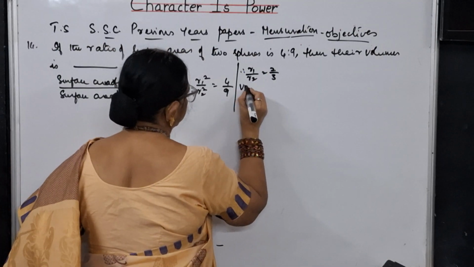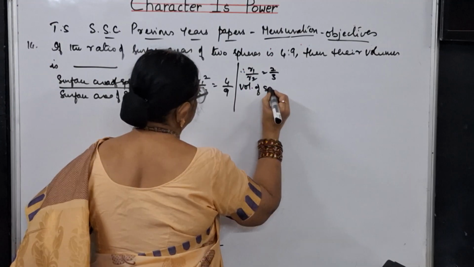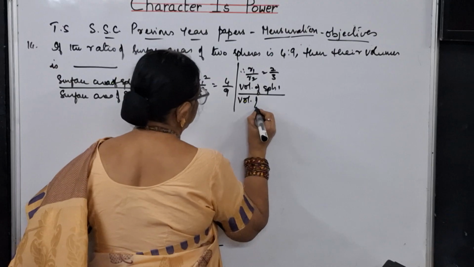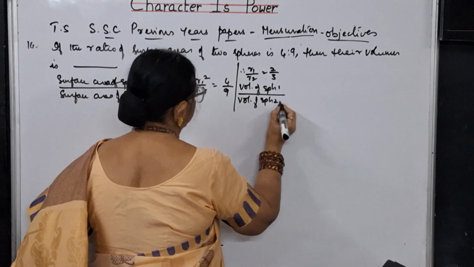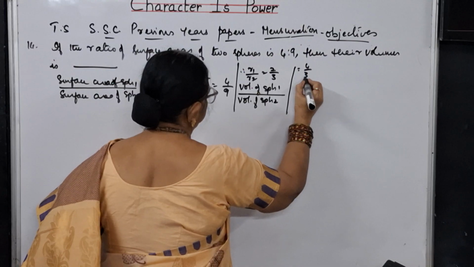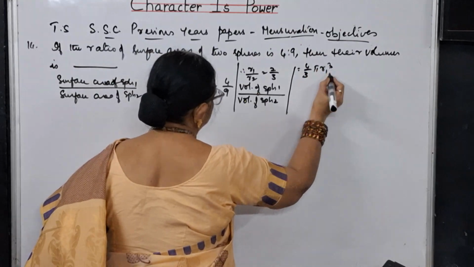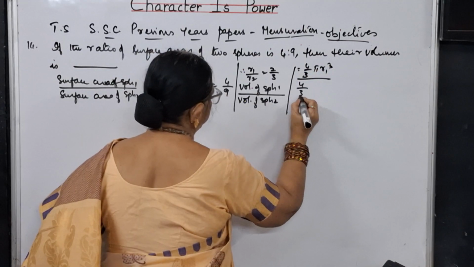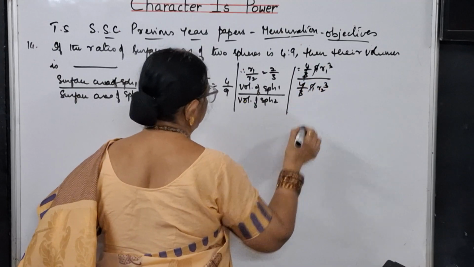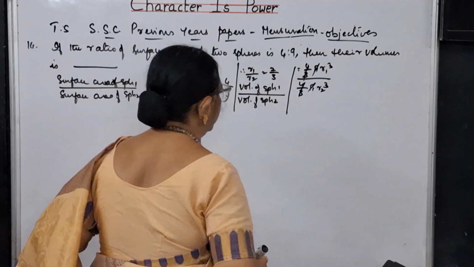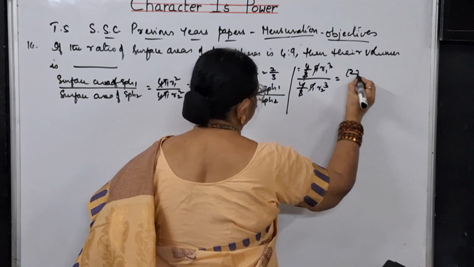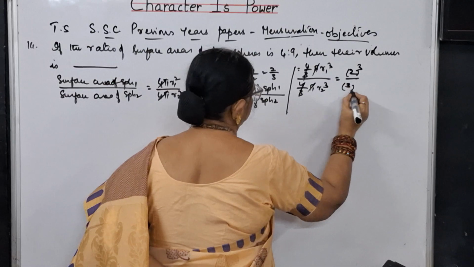Now, volume of sphere 1 by volume of sphere 2. This is equal to 4 by 3 pi R1 cube by 4 by 3 pi R2 cube. 4 by 3 pi and pi will get cancelled. R1 cube by R2 cube. R1 is 2 cube by 3 cube.